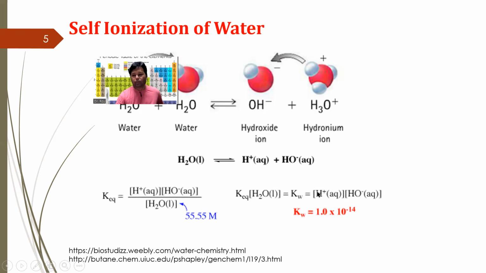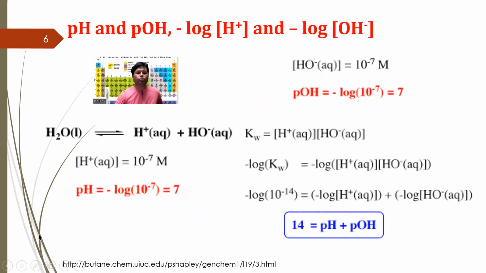So we can write this term equal to this, for liquid water, H plus and OH minus, with Kw as already seen in the previous slide. The concentration of H plus equals 10 to the power minus 7, and the concentration of OH minus is the same.